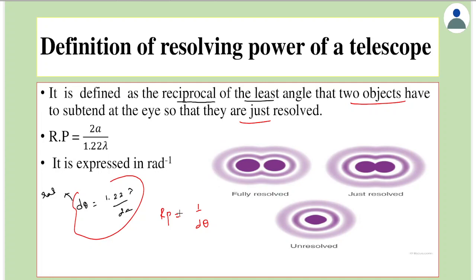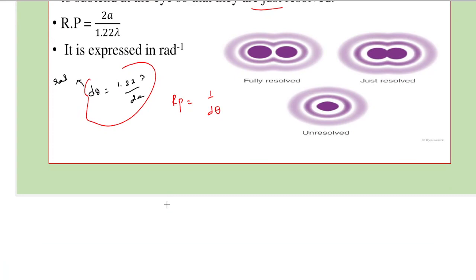The reciprocal is called resolving power. From here, resolving power is equal to 2a by 1.22 into lambda. This would be per radian, because d theta was in radians. Now the question is how to improve the resolving power.